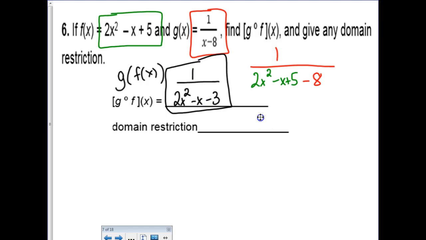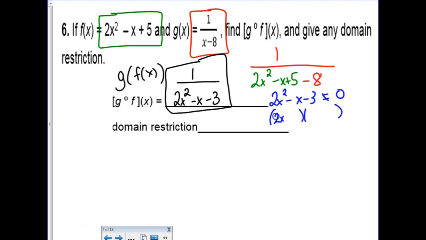We talked earlier about a restriction when you had an even radical, but now we have a denominator. So we have to think, okay, my denominator can't be equal to what? Can't be 0. So I need to figure out what will make it 0 and say it can't be that. If you think about your factoring, this one actually factors really nicely.